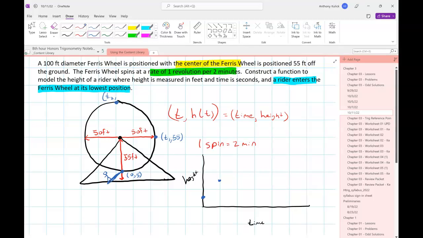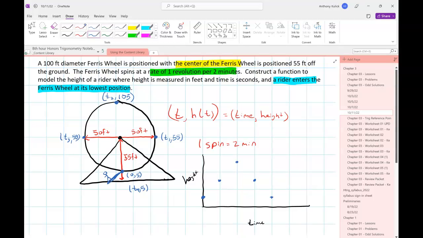105, right? It's that 5 feet up from the bottom, and then the 100 diameter. And then let's call this point T3. What's the height there? 55 again, okay. And then we'd be back down here, maybe that's T4, back at 5.